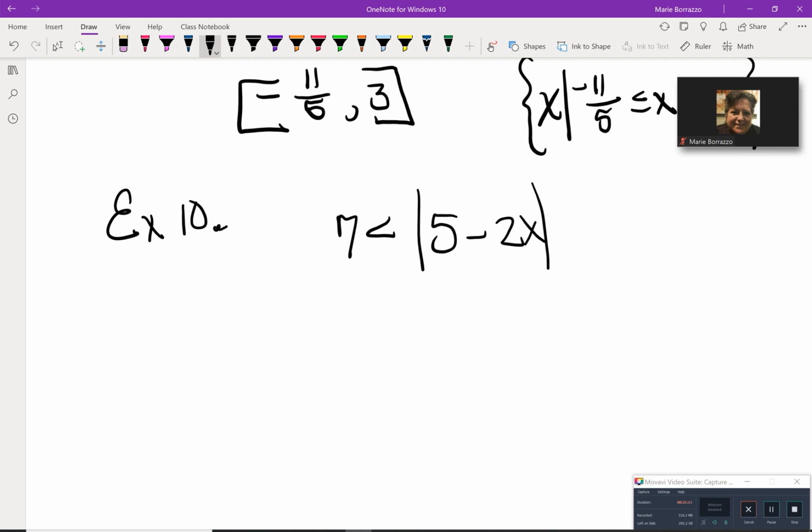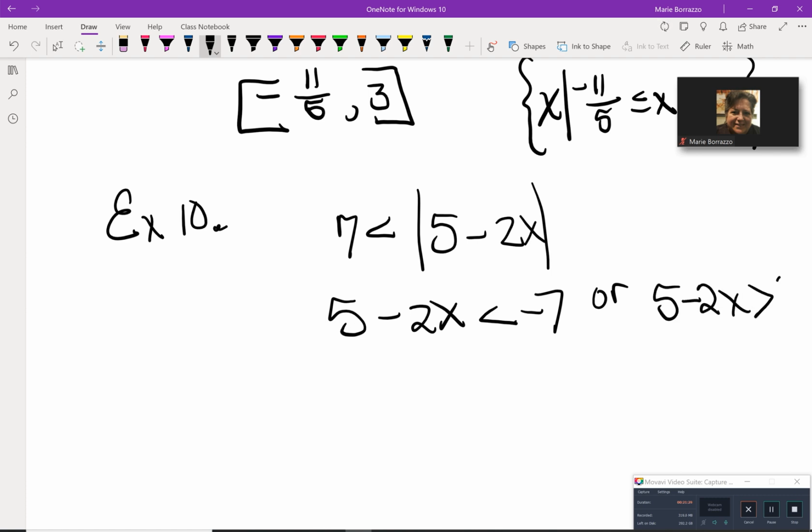In essence, 5 minus 2x is less than negative 7, or in this case, 5 minus 2x is greater than 7. Those are the two conditions that we're looking at.